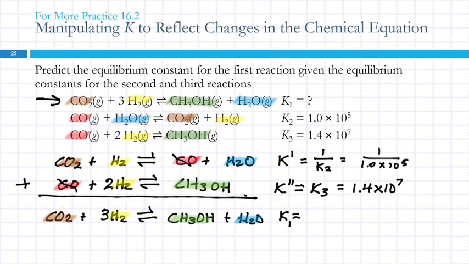We're going to multiply these two equilibrium constants, K prime times K double prime. So K prime is 1 over 1 times 10 to the 5th, and K double prime was 1.4 times 10 to the 7th.